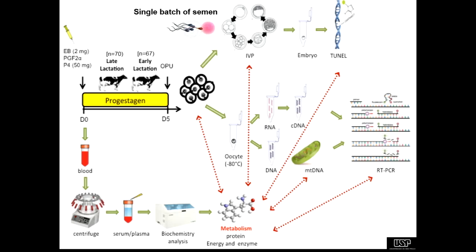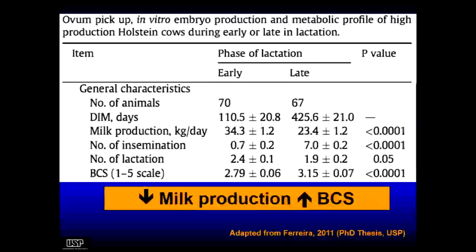We collected the blood for biochemistry analysis, metabolism like insulin and all the parts of the metabolism from these animals. And we also collected the oocyte for the gene expression and the RNA and DNA and the mitochondrial amount in the oocyte to understand what's happening according to these both phases of lactation.